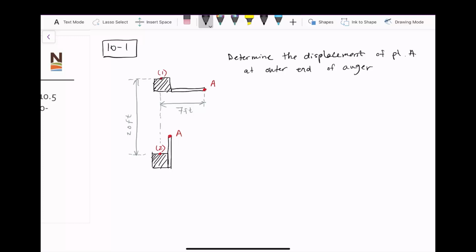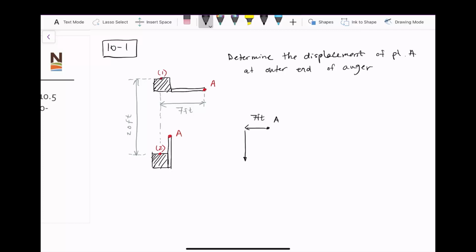We care about A. So A starts off, if we were to redraw this just so that we can see what's happening with A, if A starts at a point like this, we know that it clearly has to move inwards 7 feet, right? It definitely moves inwards, and then it's also going to move downwards.